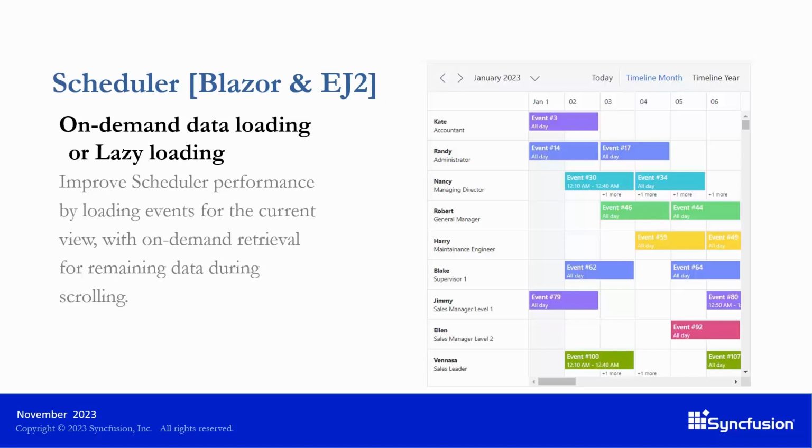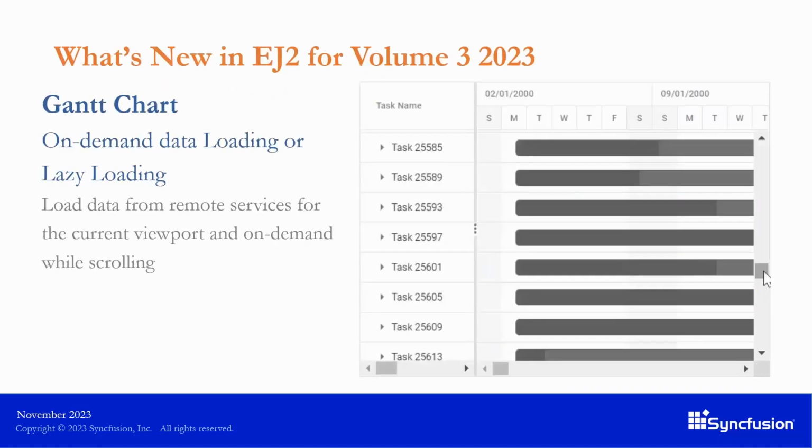Now let's move on to the EJ2 updates. In the EJ2 Gantt chart, using the on-demand loading feature, you can load data for the current view and fetch records during the scrolling action so that a bulk of data can be managed easily.